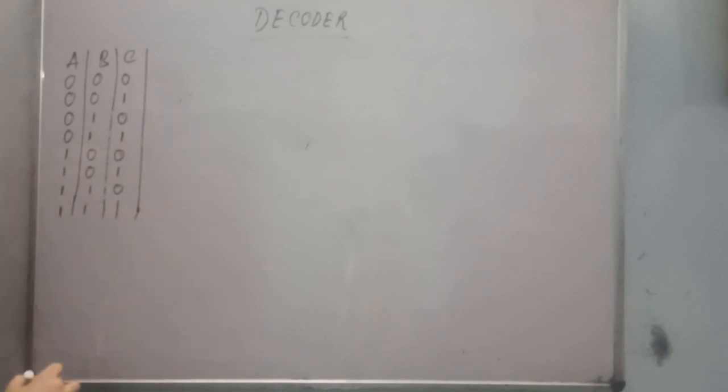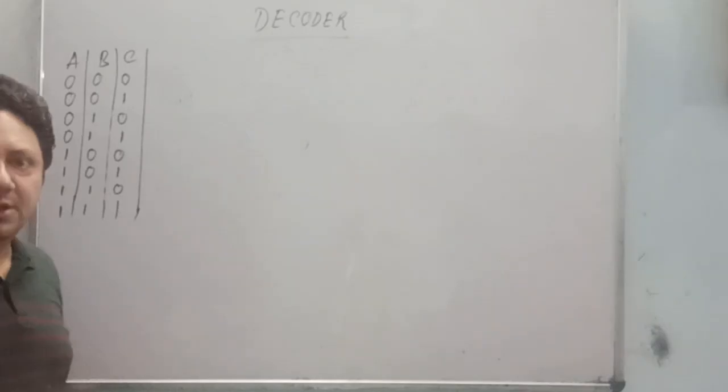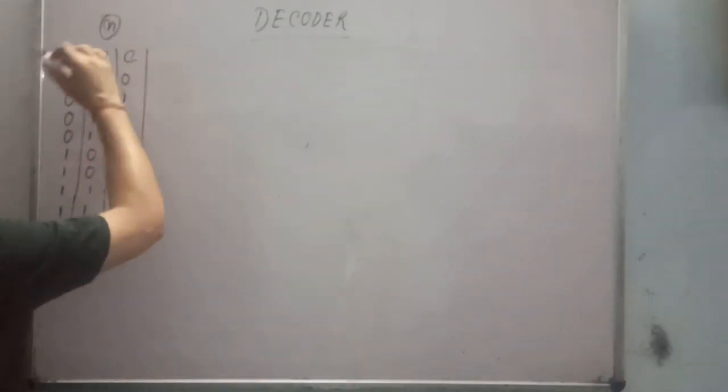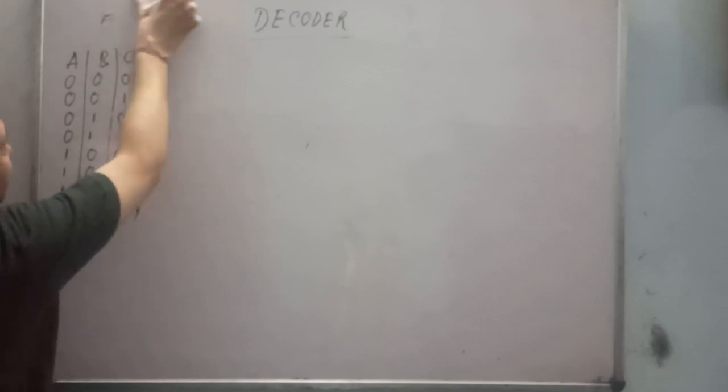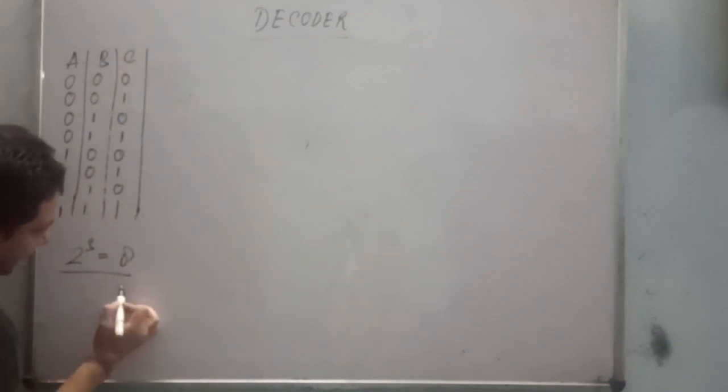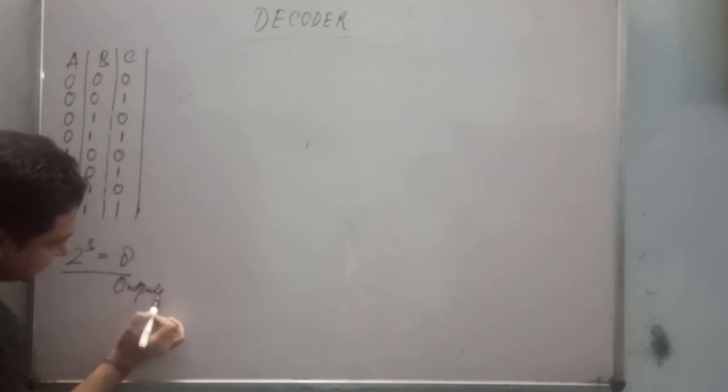Understand? Now, accordingly, we have to take the outputs. So, if the 3 inputs are coming, so according to the formula of the decoder, 2 to the power n. So, these are the n inputs and 2 to the power, just a moment. So, 2 to the power 3 is equal to 8 outputs. Okay.